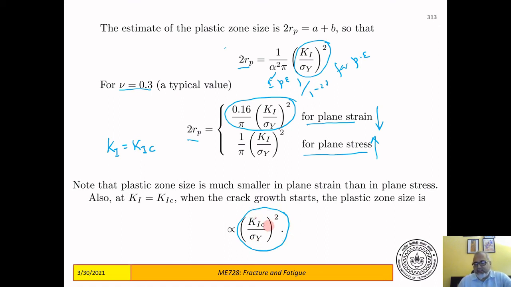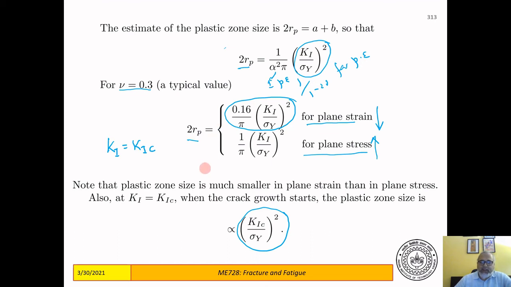Once you calculate this quantity and see that it is very large compared to what you expect is the size of the K dominant zone, then you know that small scale yielding does not occur. On the other hand, if it's very small, you know that small scale yielding is probably possible.